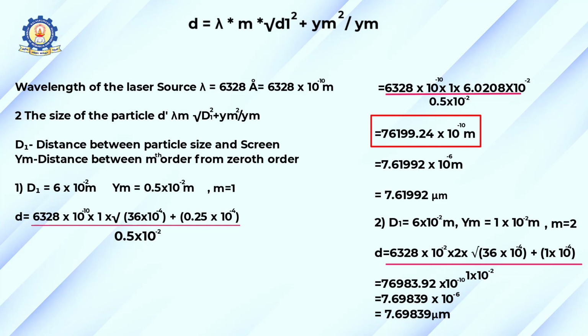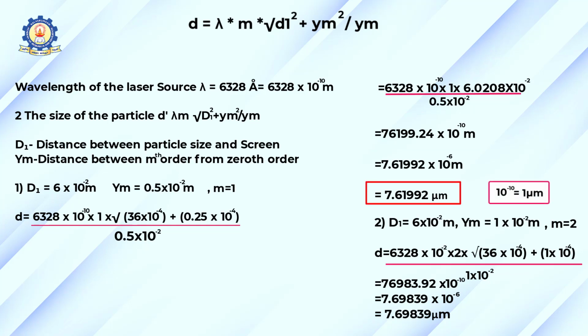Then moving the decimal on the left hand side, it is 7.61992 into 10 power minus 6 meter, and we know that 10 power minus 6 meter equals 1 micrometer.